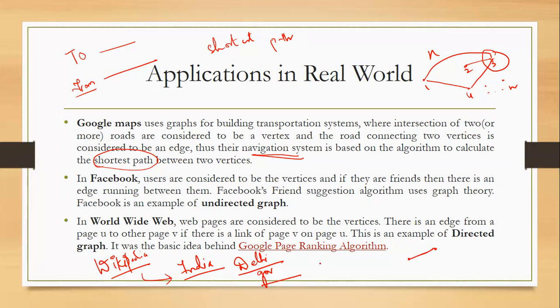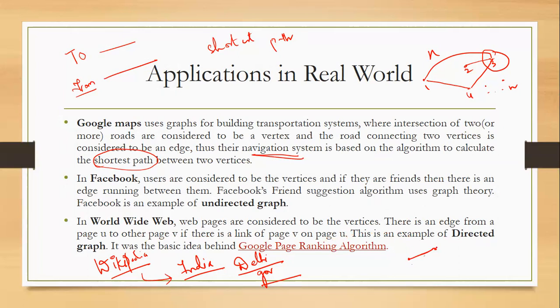So Wikipedia also uses the concept of graph theory, where each Wikipedia page is a vertex, and if that page is mentioned in some other page, then we create a link between them, that is, we create an edge. So in the World Wide Web, web pages are considered to be the vertices, and there is an edge from page U to page V if there is a link to page V on page U. So this is an example of a directed graph.